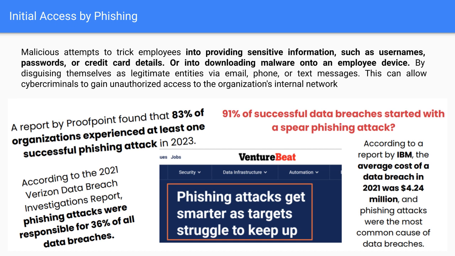The reason why we start with phishing in this series is that phishing is still the most common way, by far, or second at most, to get initial access. So if there is an attacker targeting your company or yourself, there's a high chance that they will try to use phishing to get their initial access in your environment.